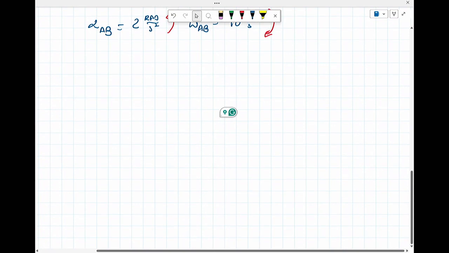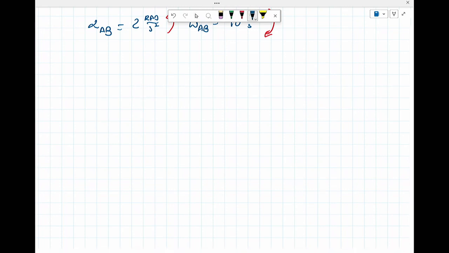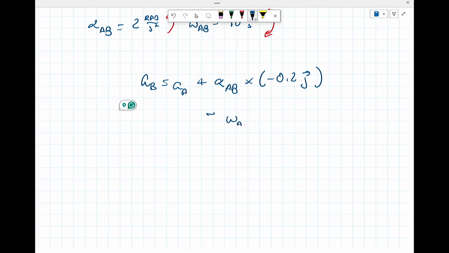Now, if I put everything together, acceleration of B equals acceleration of A plus alpha AB crossed with negative 0.2 J minus omega AB squared RAB.